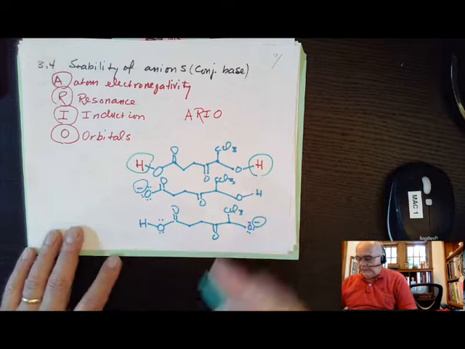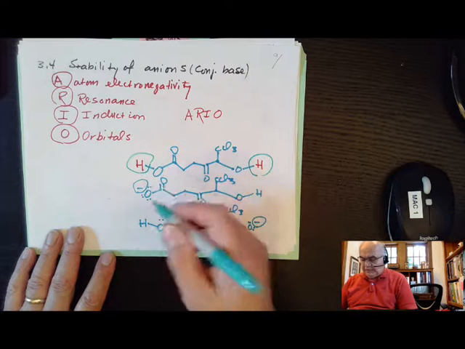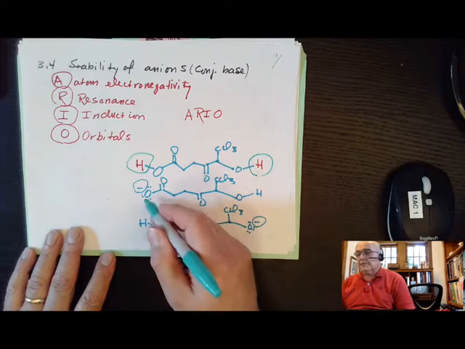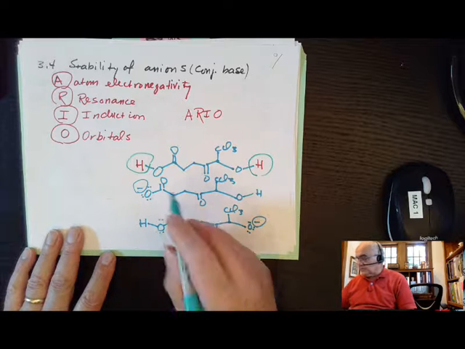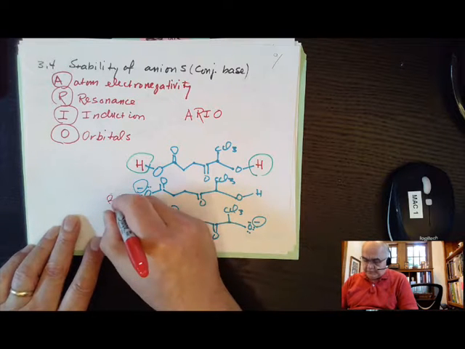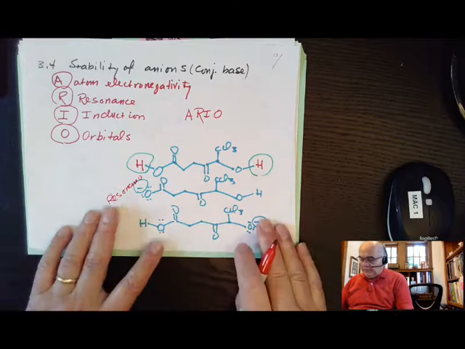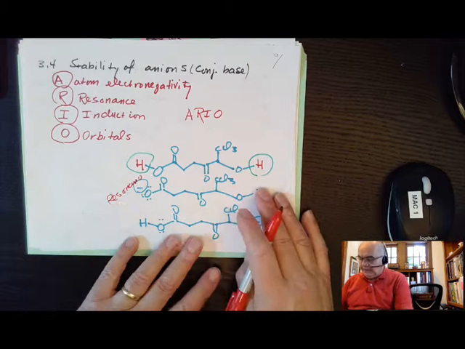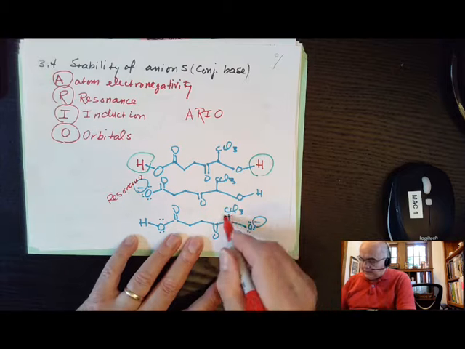So between these two H's, we're going to decide. If we lose the H here, we make a carboxylate. The carboxylate has what we call a resonance structure. And if we lose the H here, we have some inductive effect because chlorine is very electronegative.